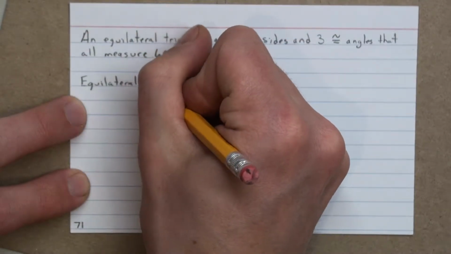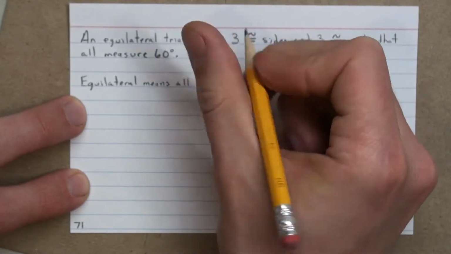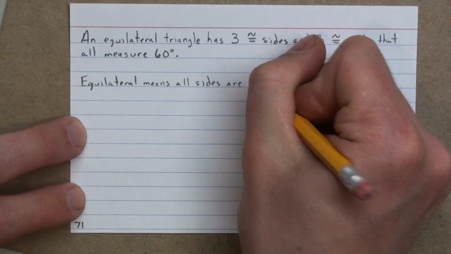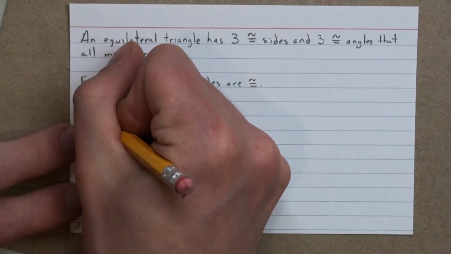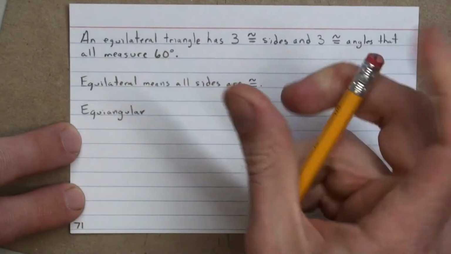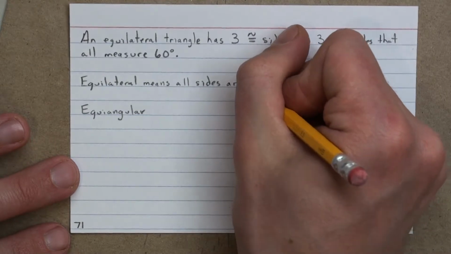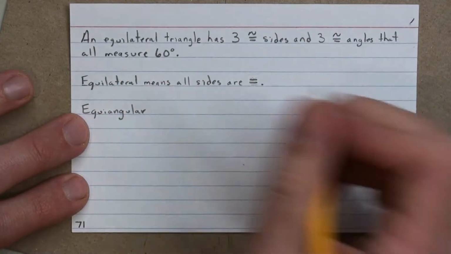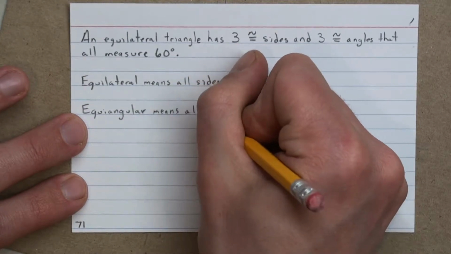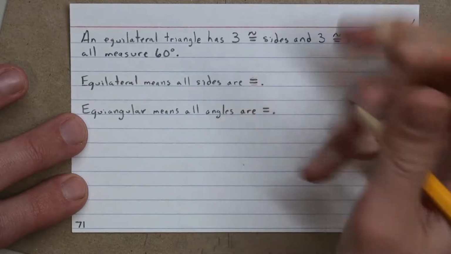Equilateral means all sides are congruent. Equiangular, well, let's not say congruent actually. Doesn't really matter, but let's say equal. Equiangular means all angles are equal.